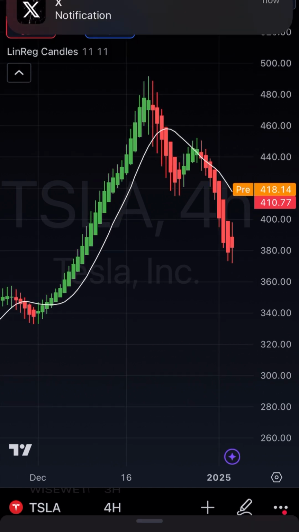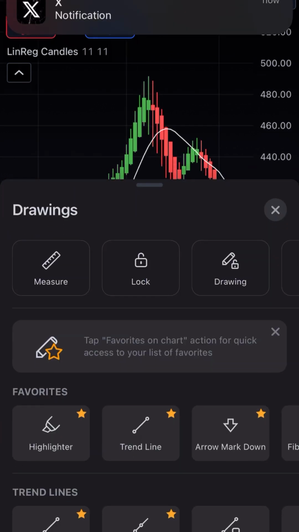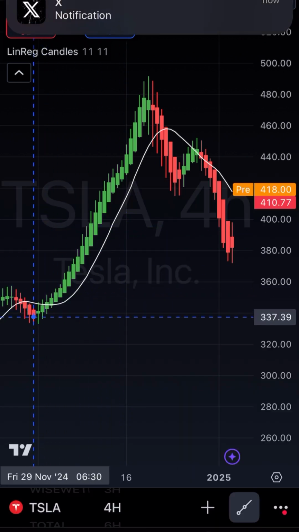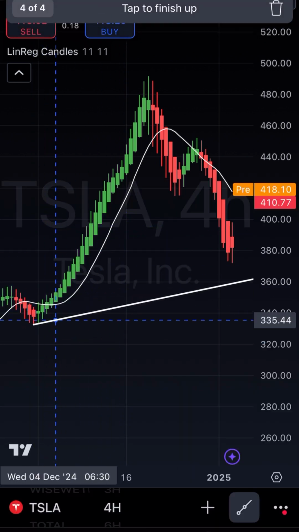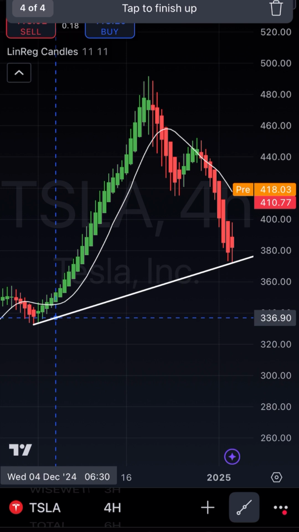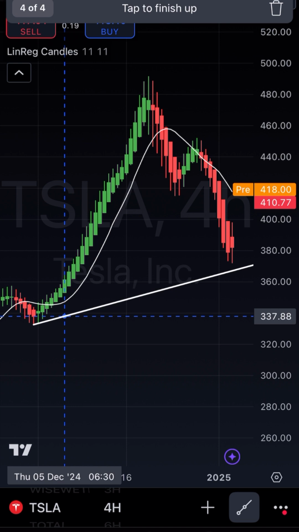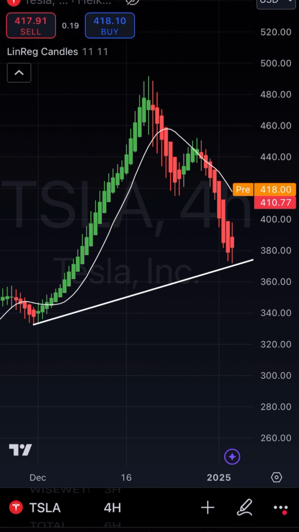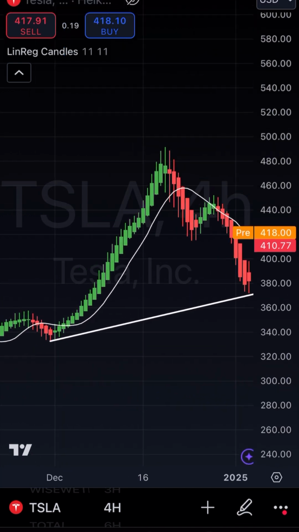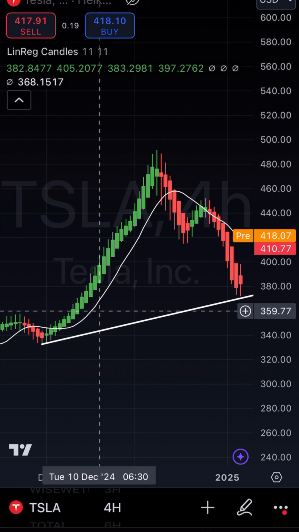So go to our ray tool right down here, and then it connects it right about here. So this is the start of our uptrend.